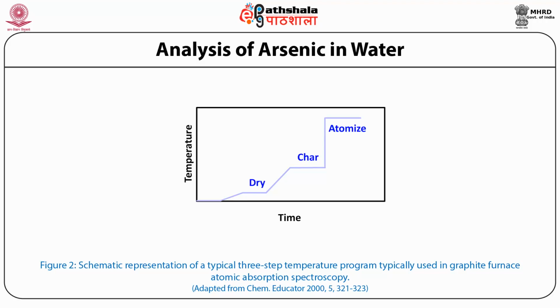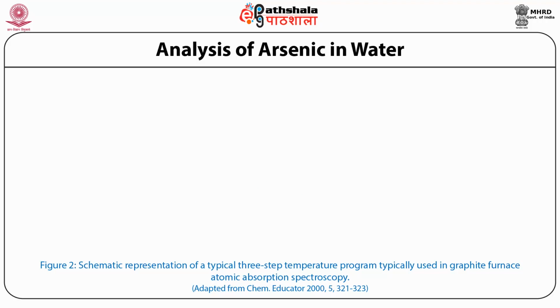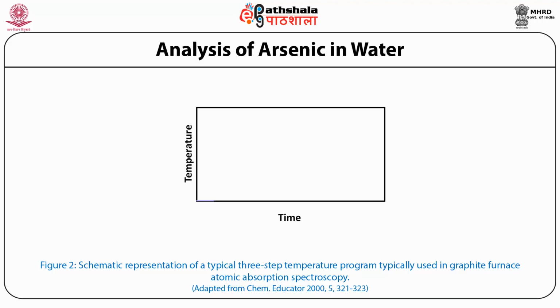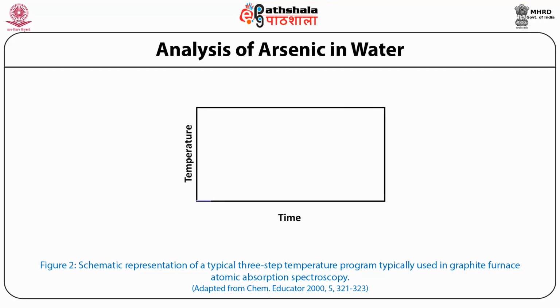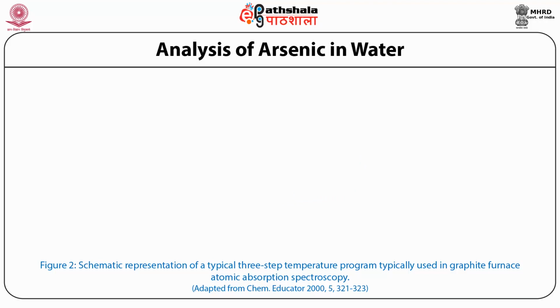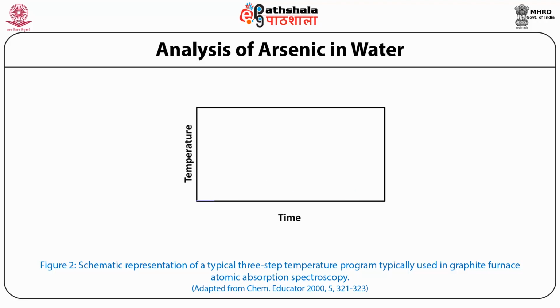First, the temperature is such that the sample is dried, then increased so that charring happens, and finally it is increased to a level where the sample is atomized and where absorbance of the energy takes place. This is the typical representation used in graphite furnace atomic absorption spectroscopy.